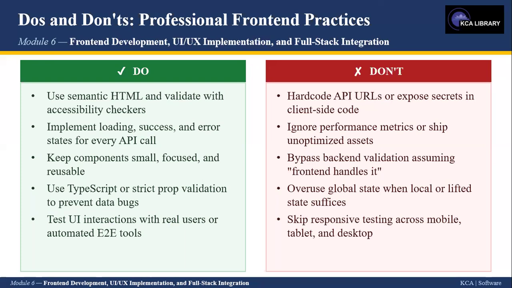Use TypeScript or strict web foundations and test UI interaction with real users or automated tools. Do not hard-code API URLs or secrets in client-side code. Do not bypass back-end validation or rely only on front-end validation. And do not skip responsive testing across mobile, tablet, and desktop.